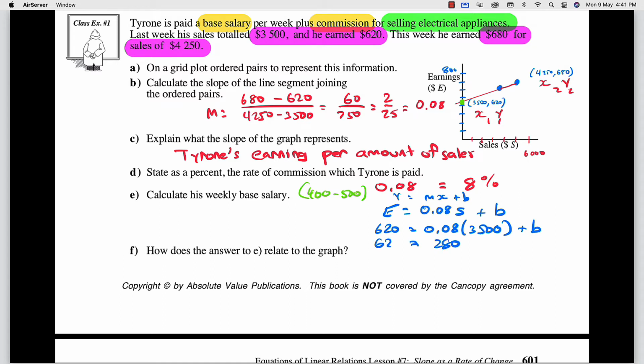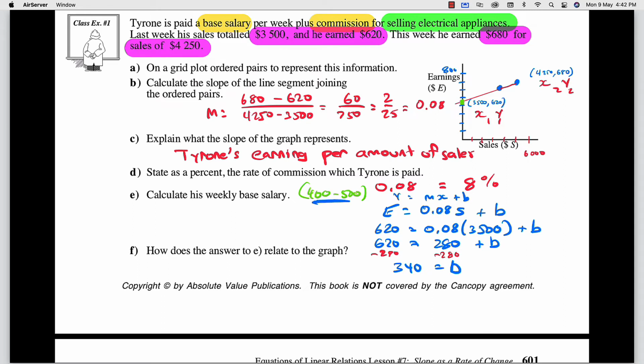So 620 equals 280 plus B. So I will minus 280 from both sides to isolate the B. We get 620 minus the 280, and we get 340. So we end up with 340 equals B.